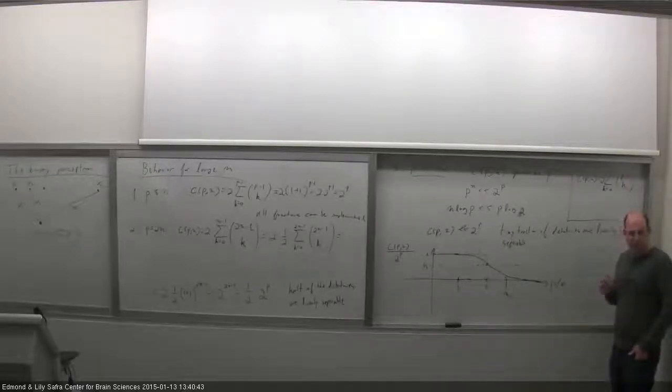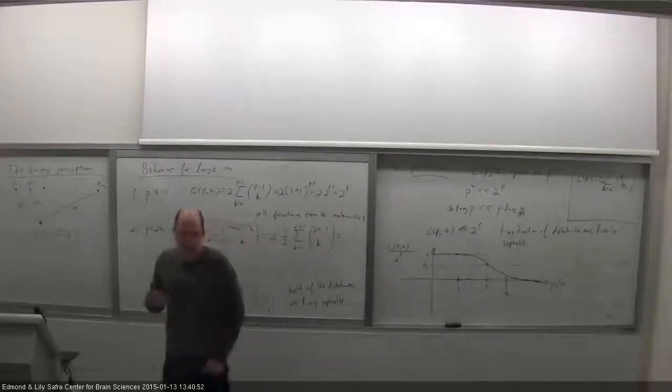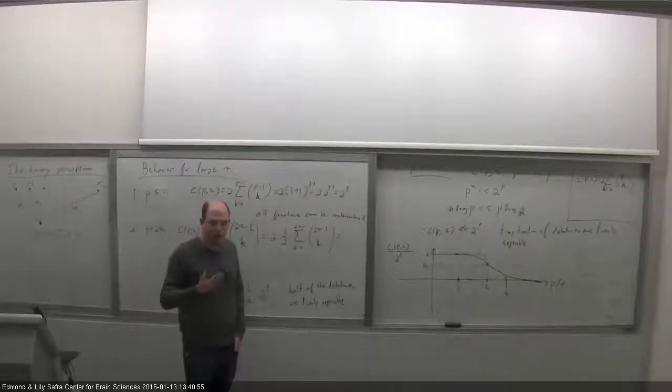One thing to note, though, is that I assume here that I draw the functions completely randomly, independently, so that all functions are equally likely. This statement would not be true if there would be some special structure in the functions.